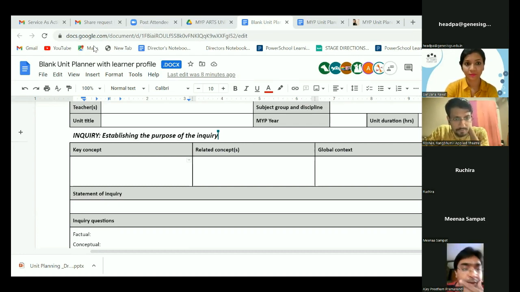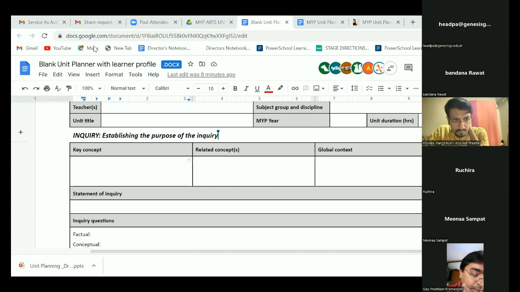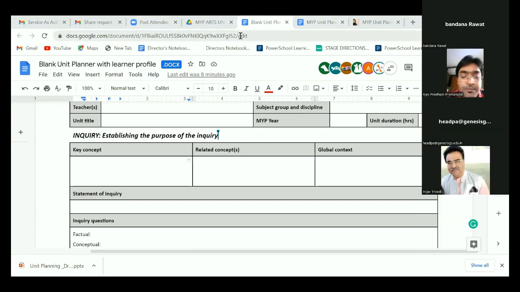Okay. Right now, global context is personal and cultural expression. So, artistry, craft, and creation. Let me just take that down. If all of us could just play around with words here, if all of us would come up with one statement of inquiry, that would be great.